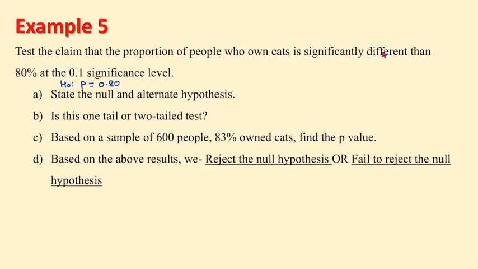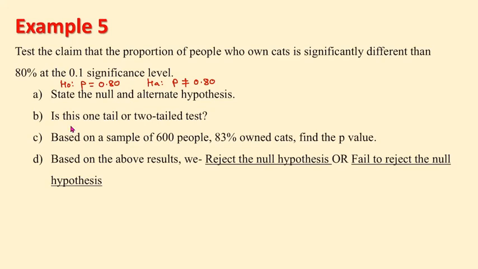And in the alternative hypothesis, because we are talking about significantly different, your alternative hypothesis will be p not equal to 0.80. So that is the answer for part A. That is our null and alternative hypothesis.